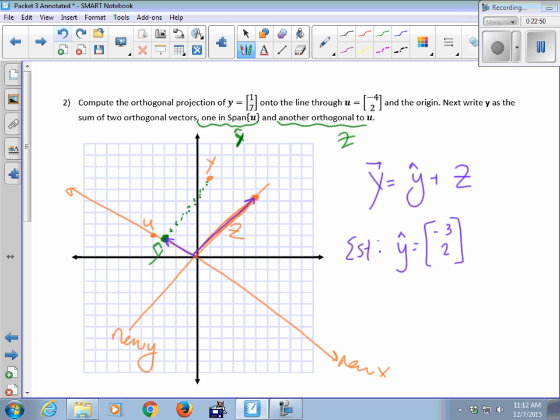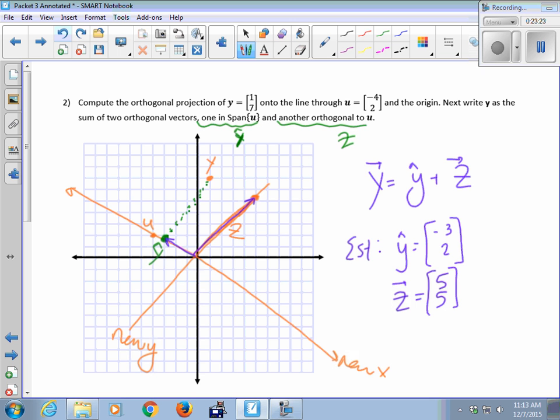And then z, what does z look like? 1, 2, 3, 4, 5. 1, 2, 3, 4, 5. Z is a vector. All right, so those are just our estimates, y hat and z.